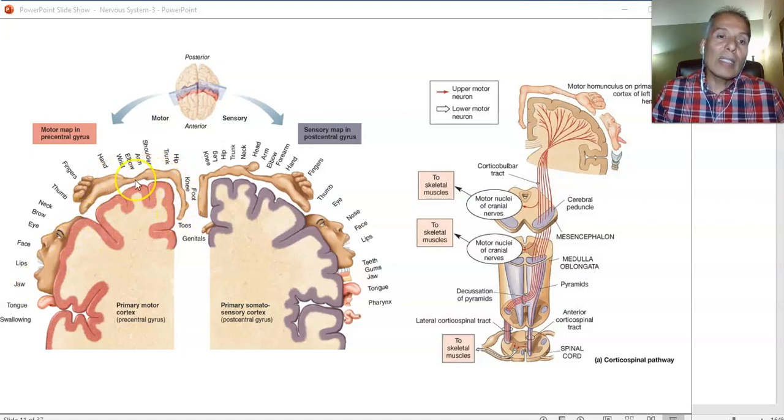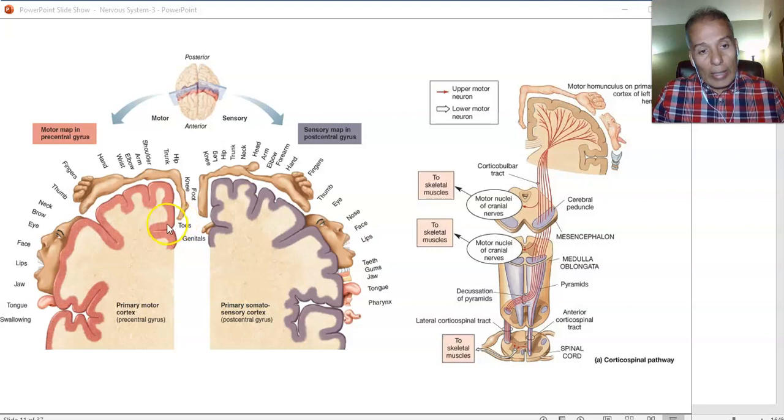That same orientation is a map of all the areas of your body that you move voluntarily. It gives you a map of how the wiring that moves the different parts of the body is plotted.